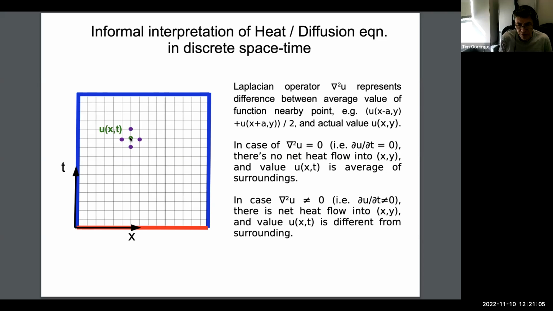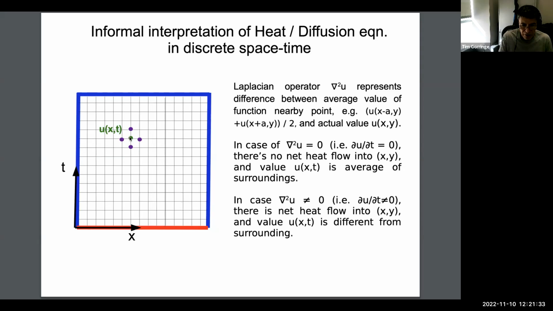So I also wanted to say a few words about visualizing the Laplacian operator in the heat equation, diffusion equation, and also visualizing the heat diffusion equations themselves. So in this little sketch over here on the left-hand side, I'm imagining horizontally position and vertically time. So now this is space and time.